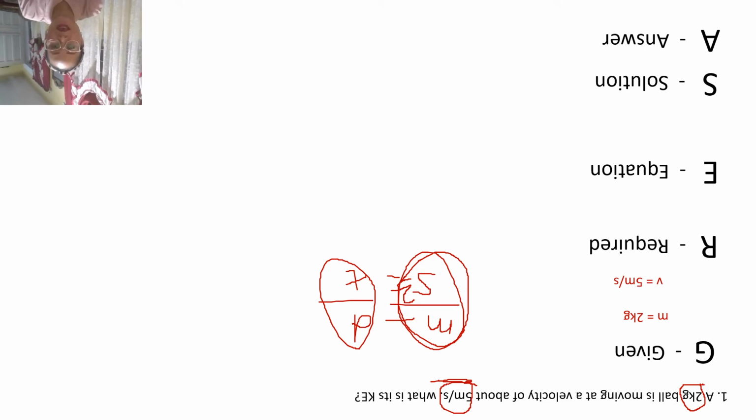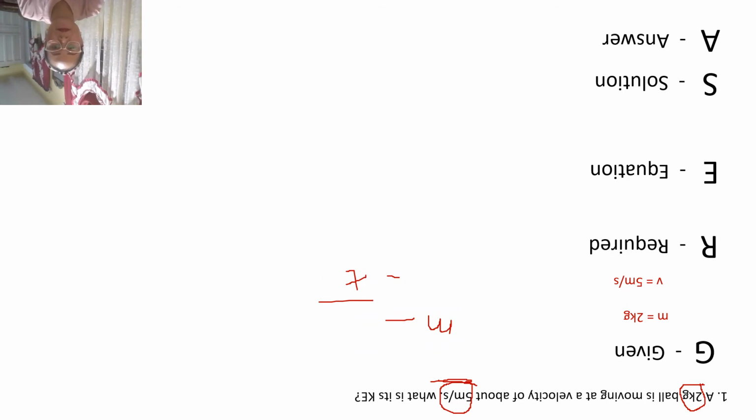Okay, let's erase this first. We already have identified our given. Next will be the required. What is being asked in the problem? Anong tinatanong? What value or quantity is to be solved in this problem?